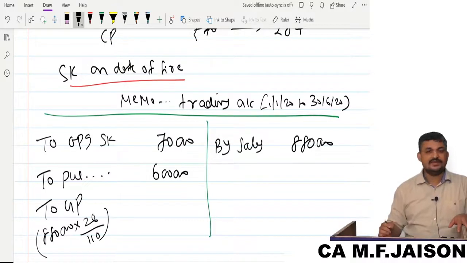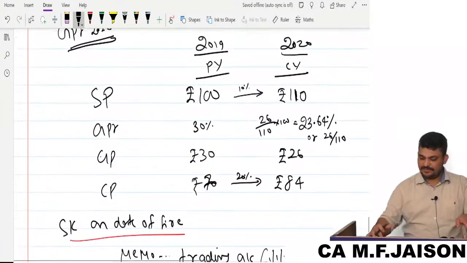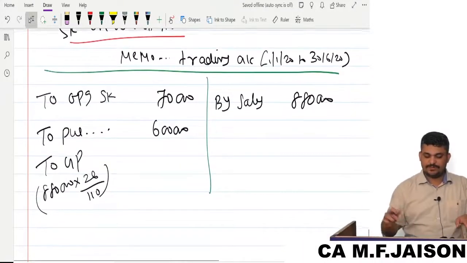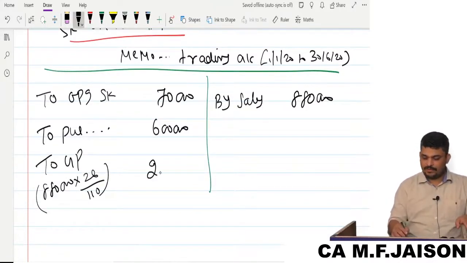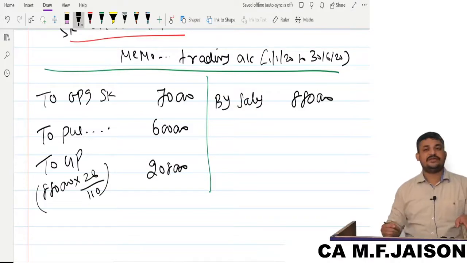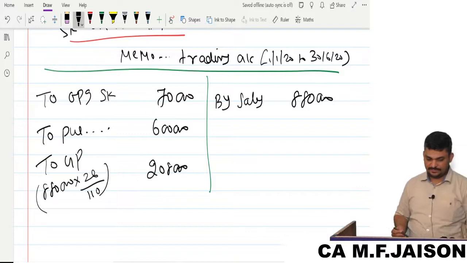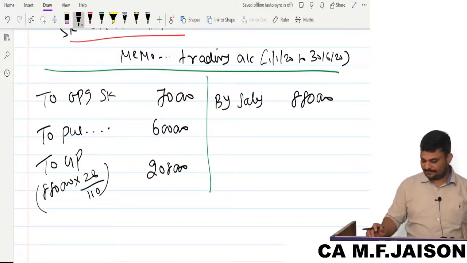You can apply the percentage 23.64 or 26 by 110. 2,08,000 we are getting. If you apply 26 by 110, or 23.64%, you will be getting 2,08,000 and odd.